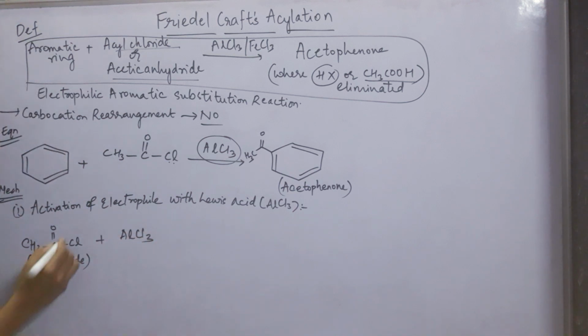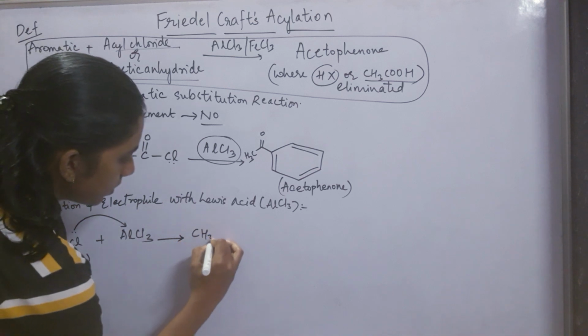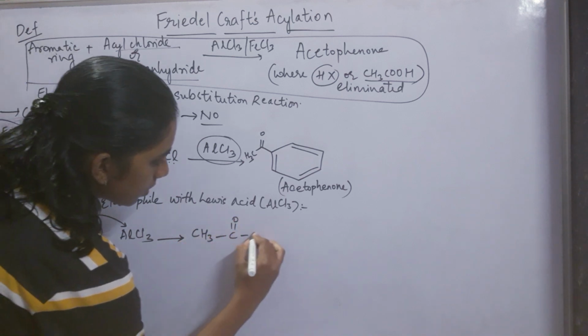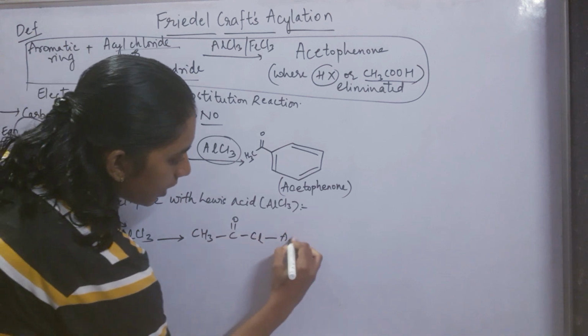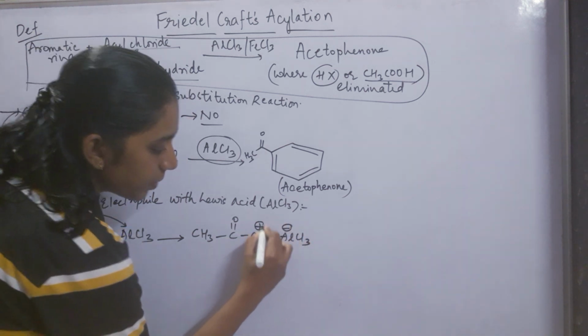So what happens here? Chlorine will transfer its lone pair of electrons into the vacant p orbital of aluminium, and it forms a bond with aluminium, giving us the compound CH3C=O Cl AlCl3. Aluminium gets a negative charge, chlorine gets a positive charge.